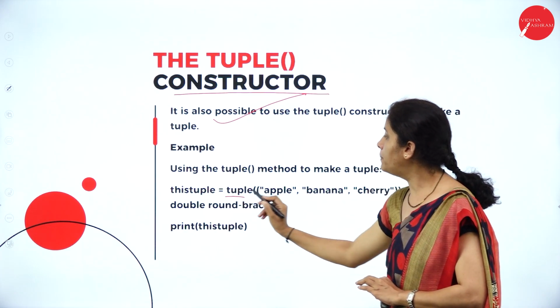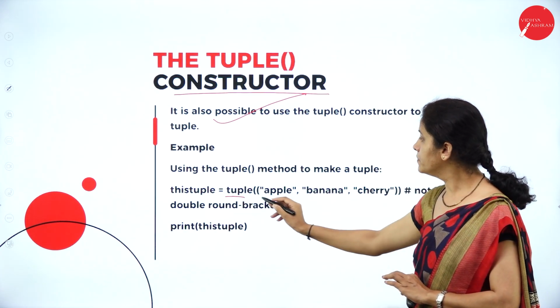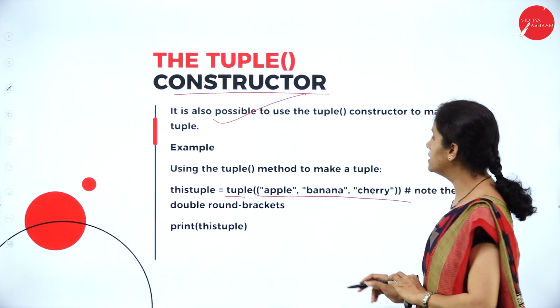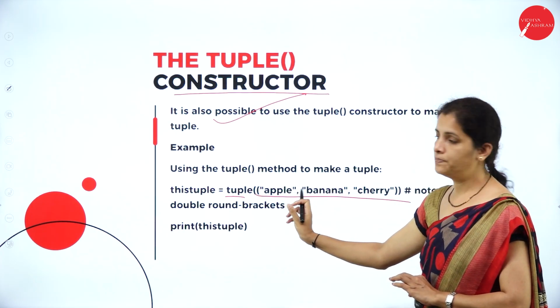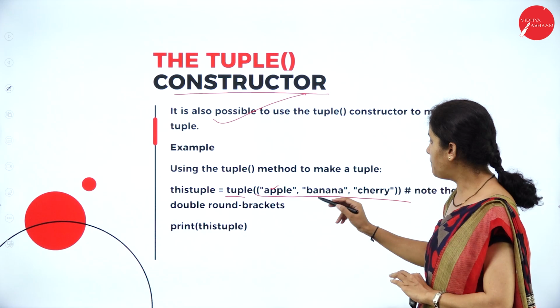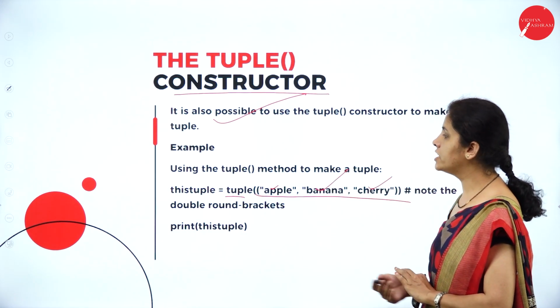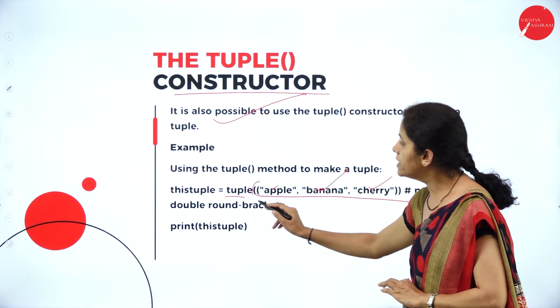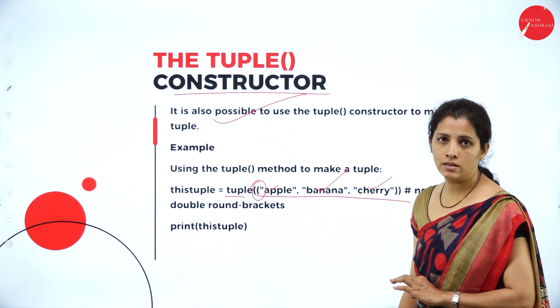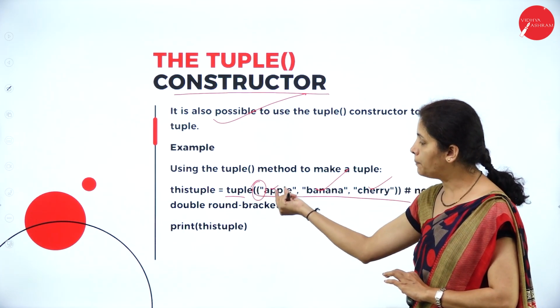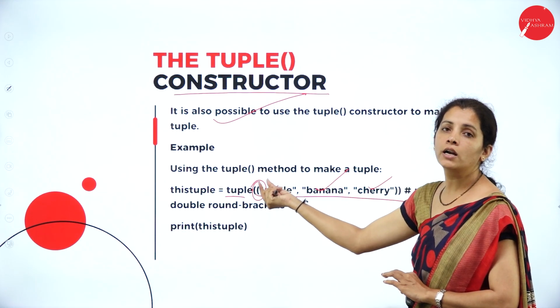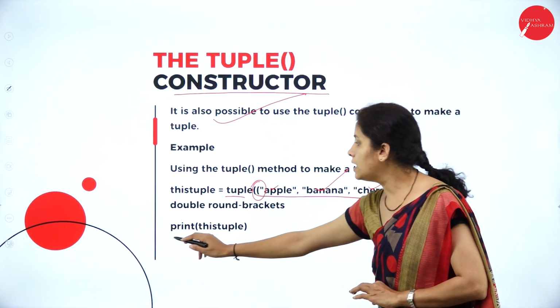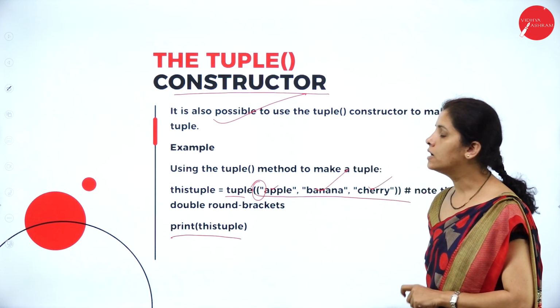See here, tuple is a constructor and I'm passing the elements: apple, banana and cherry. See here, two parentheses: one for the tuple creation and one for the tuple constructor. Now I'm going to print the tuple.